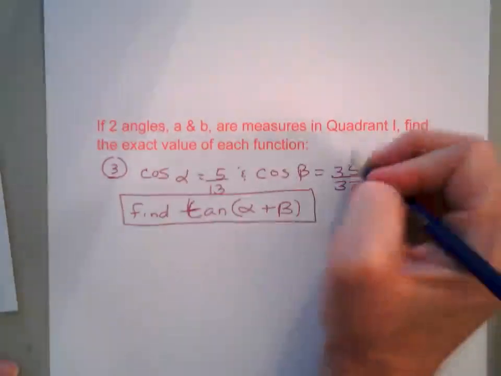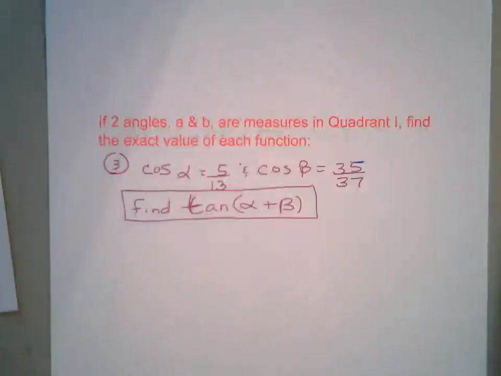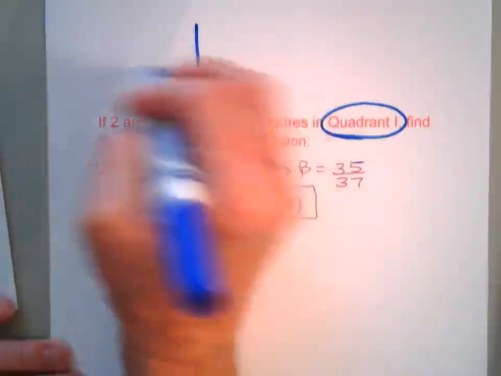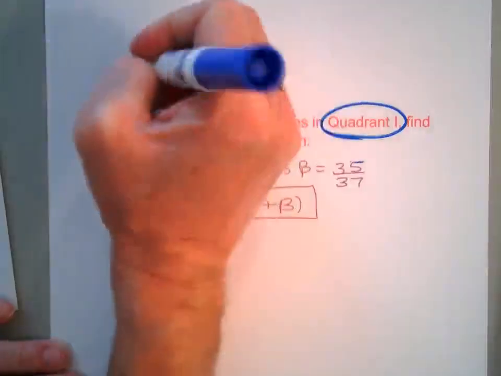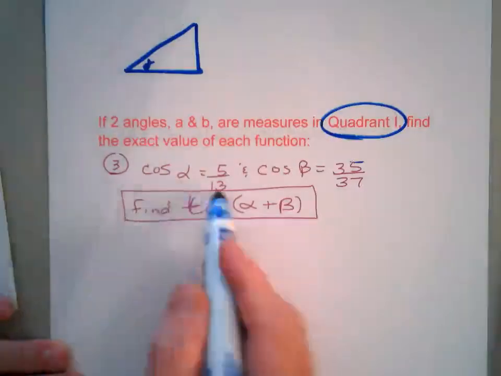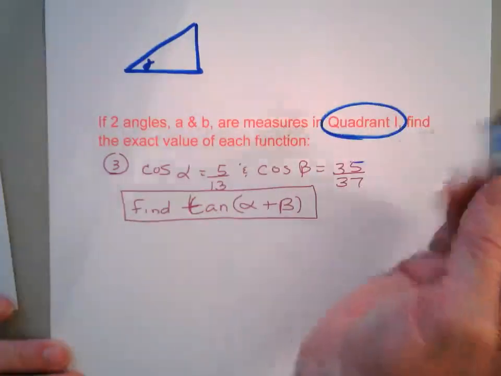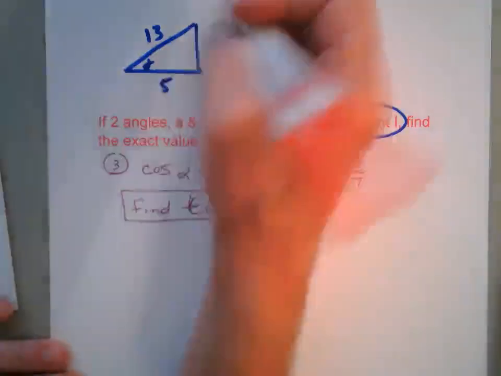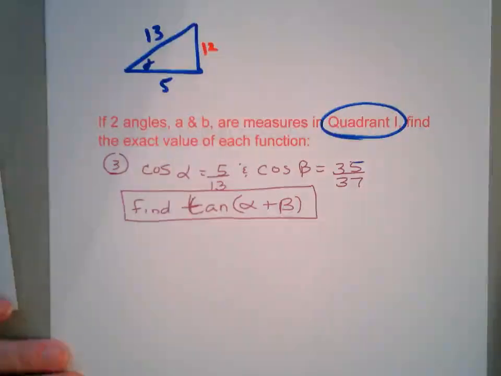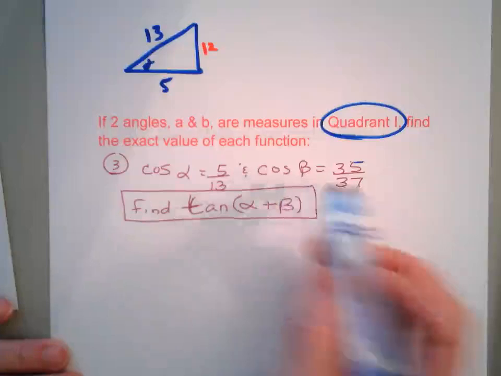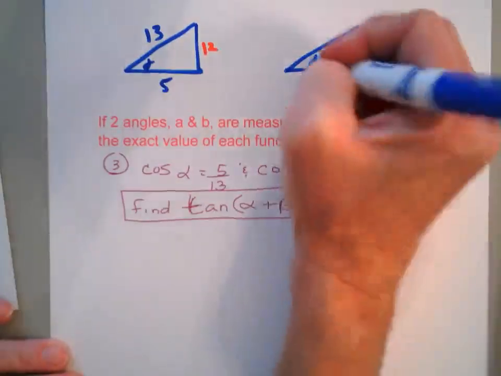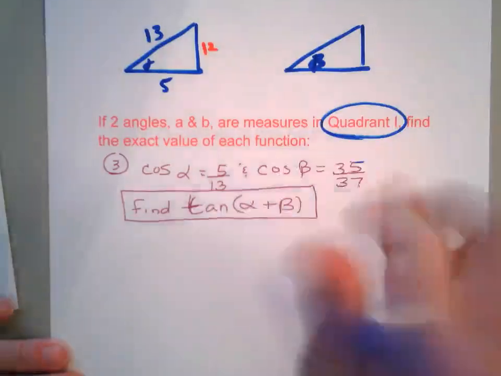Alright, so this is supposed to be 35 over 37. Okay, again, quadrant 1 triangles. This is alpha, cosine. Cosine is 5 over 13. Missing side's 12. Cosine of beta. Let's make that a B. Is 35 over 37.